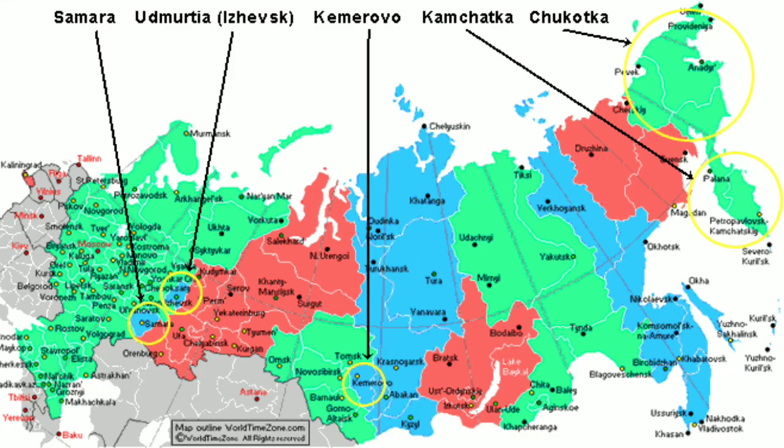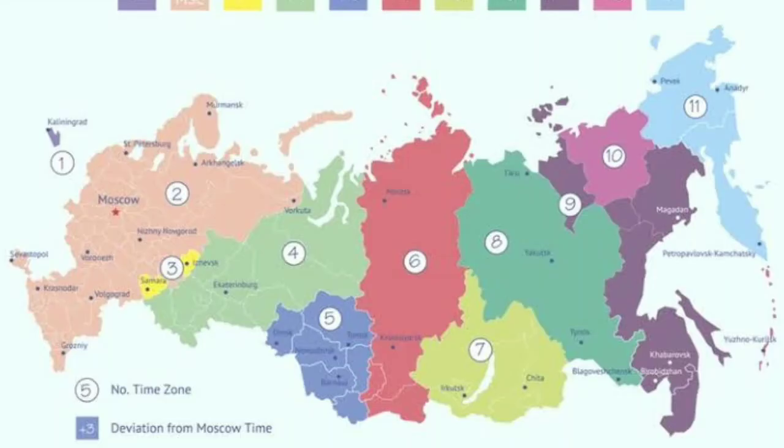Take the example of Russia. Russia stretches for 165 degree longitudes. So it has accepted 11 different time zones. It means there are 11 different standard times followed in Russia as per the areas.